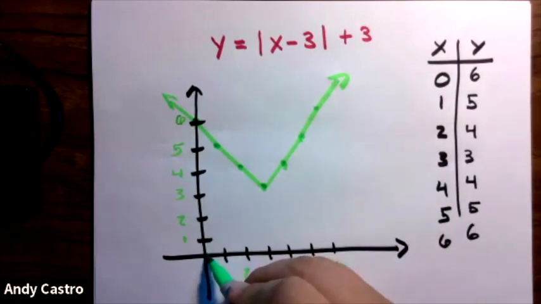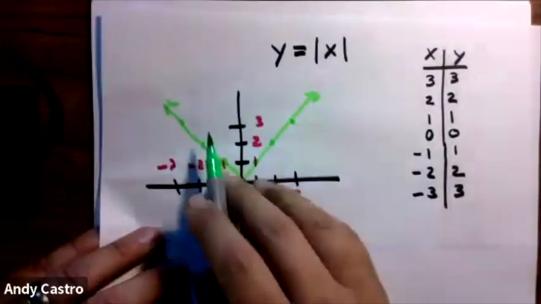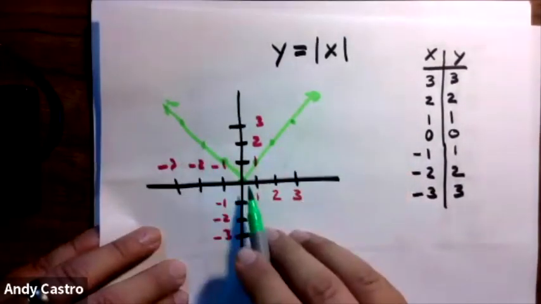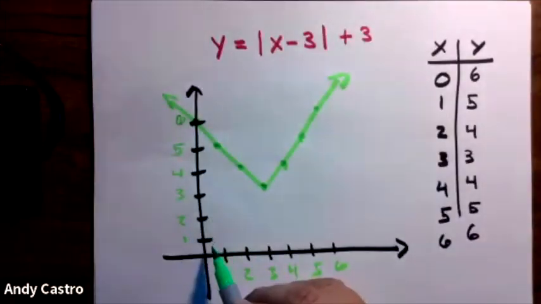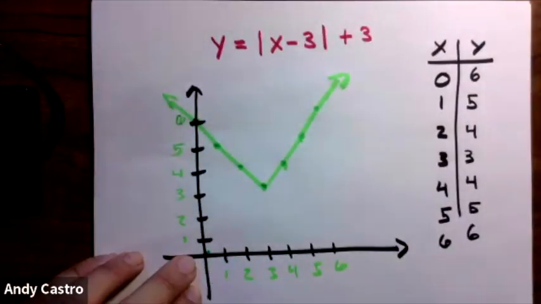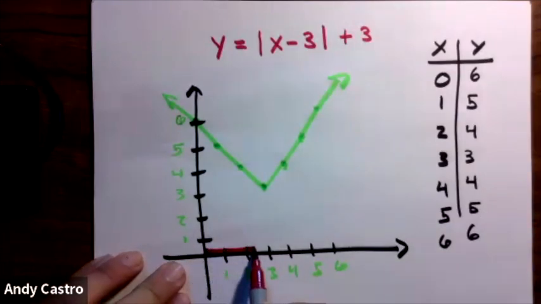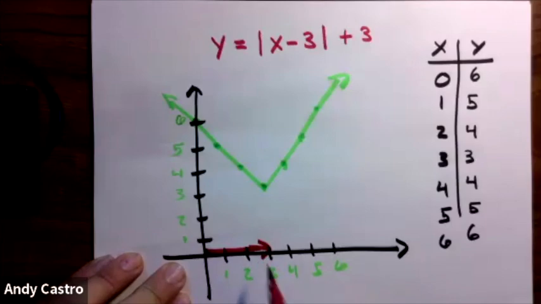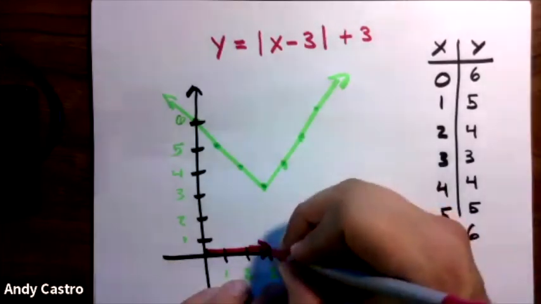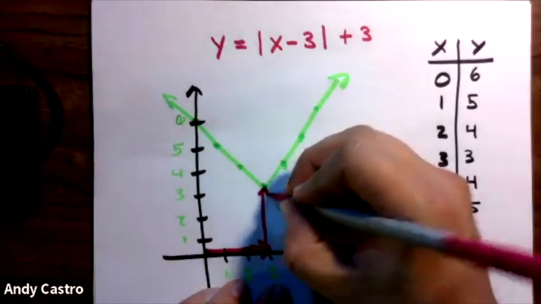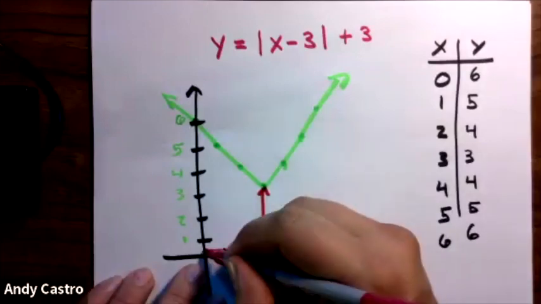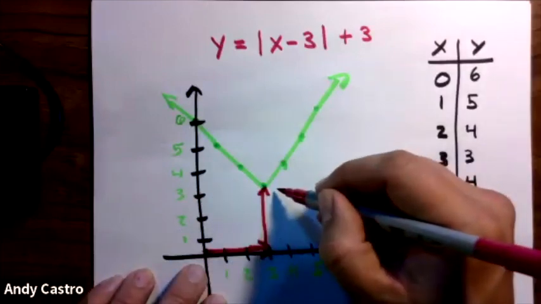So it started, remember the original, we look here, was right here at the origin. Then it moved to the right 3, and it moved up 3, right? Or you can say it moved up 3 and to the right 3.